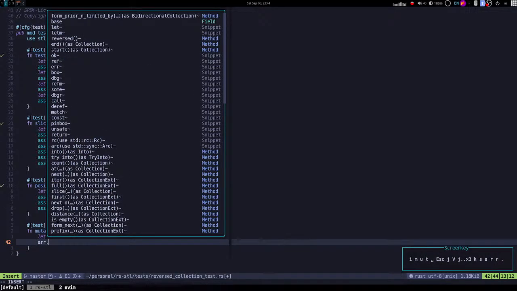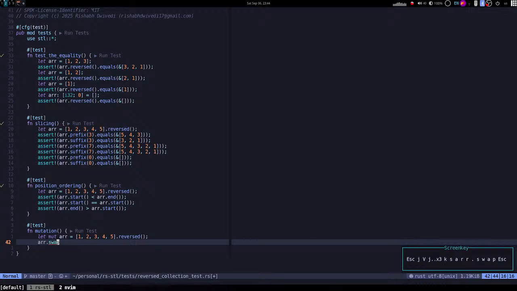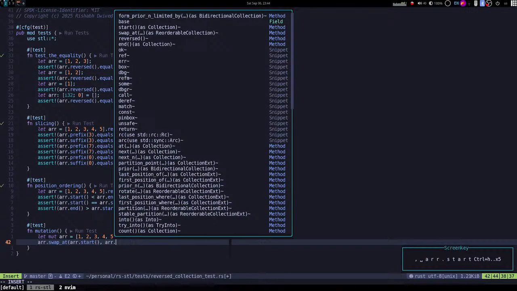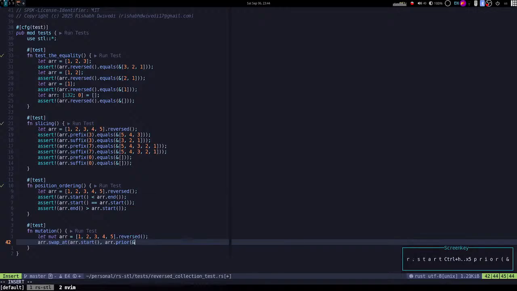arr dot swap at arr dot start, arr dot prior, arr dot, right.